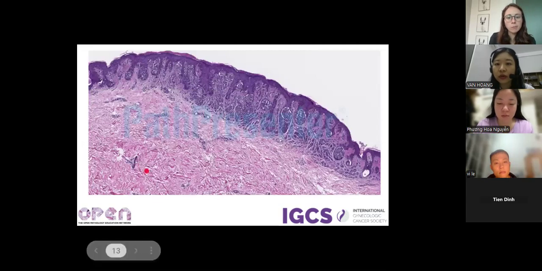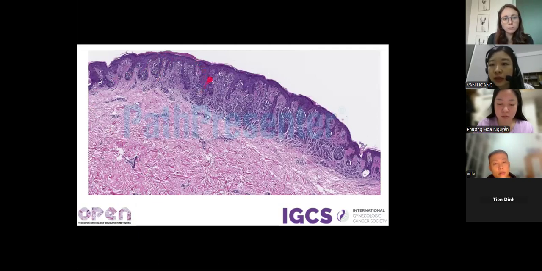With higher views, again we see irregular elongation of the rete ridges, and we can see some bridging between adjacent rete ridges. Here we see the bridging over here and maybe over here.